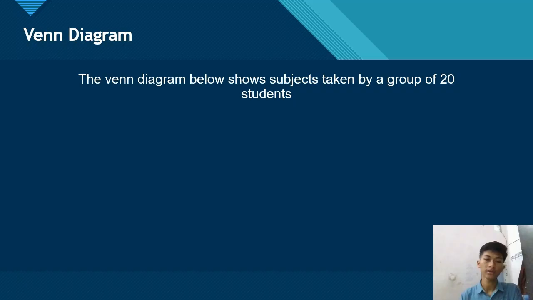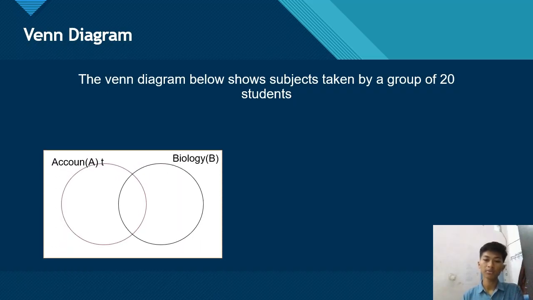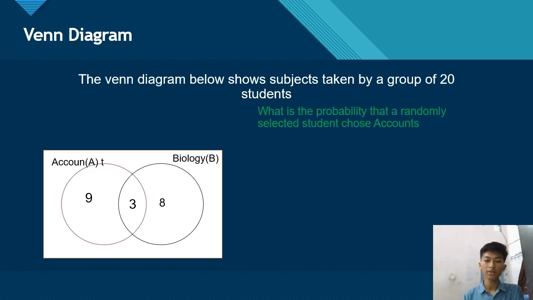Okay, the question. The Venn diagram below shows subjects taken by a group of 20 students, and the intersection of accounts and biology is 3. The question: what is the probability that a randomly selected student takes accounts?